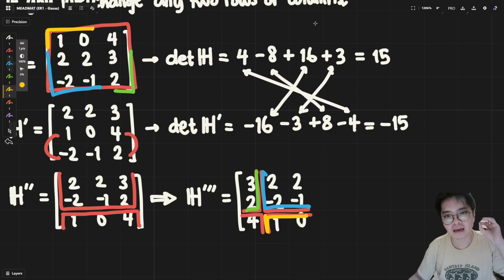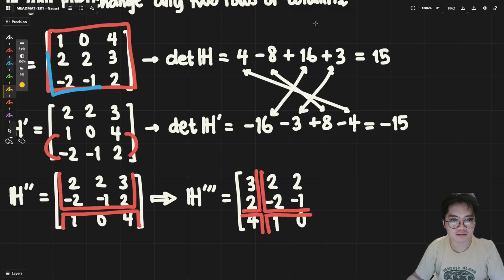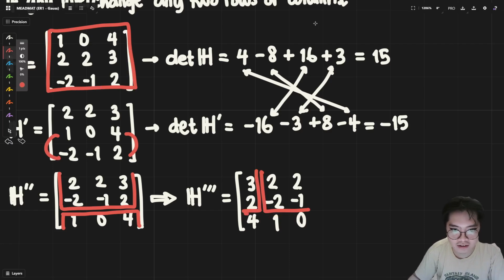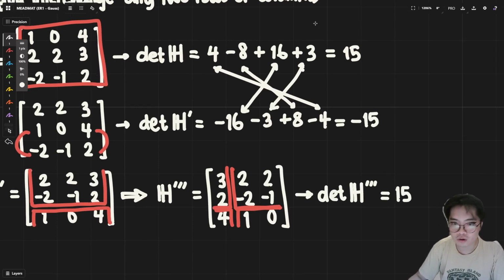Everything in here is still essentially the same, but we have just styled it a different way. What do you think will be the determinant of this thing? If you try this out, the determinant for this H triple prime will be the original.